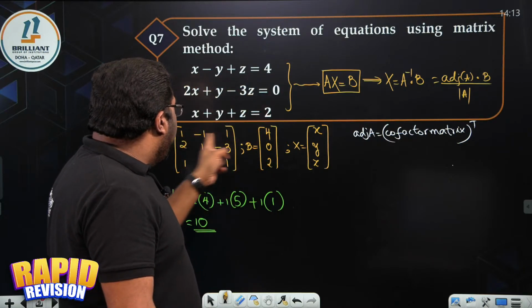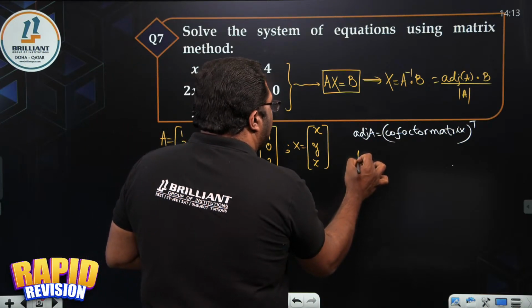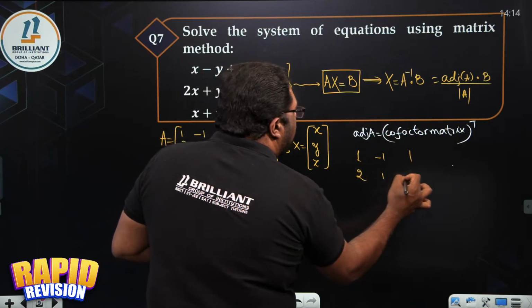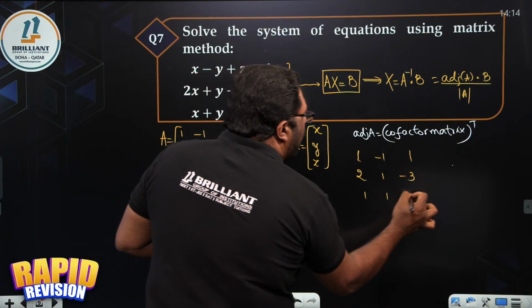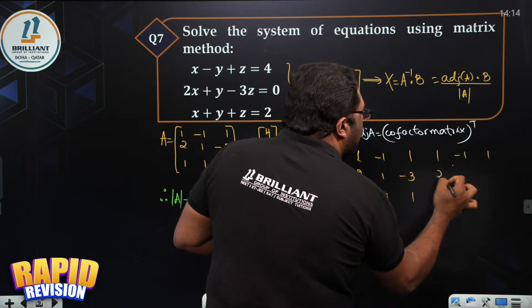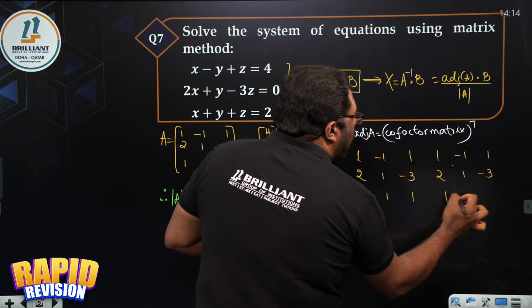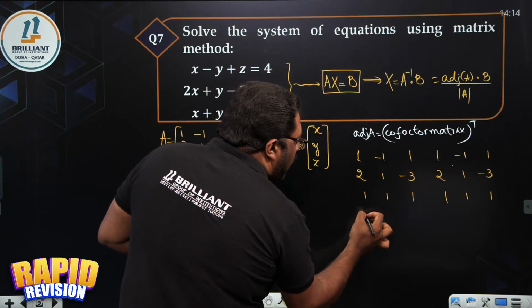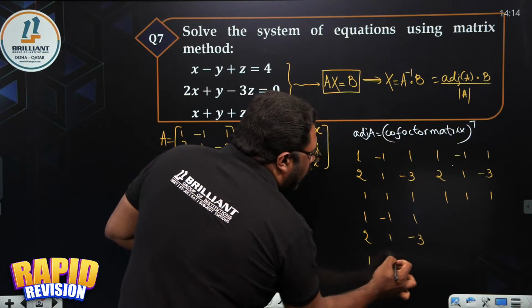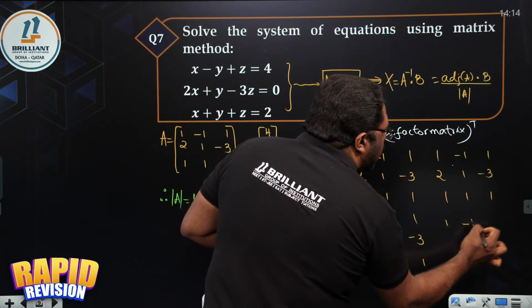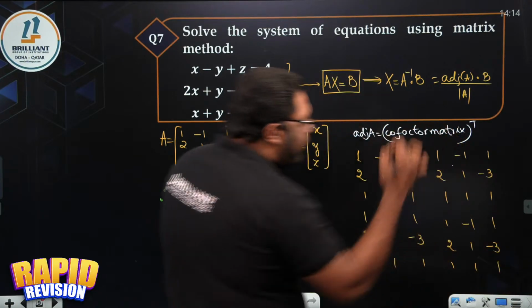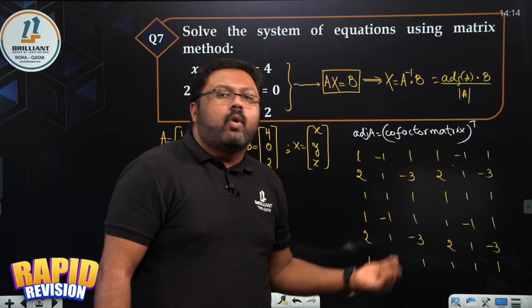Just write this A matrix 4 times. 1, minus 1, 1, 2, 1, minus 3, 1, 1, 1. Again, once more, and again right below it, and once more. Okay, I've just written that same matrix 4 times.